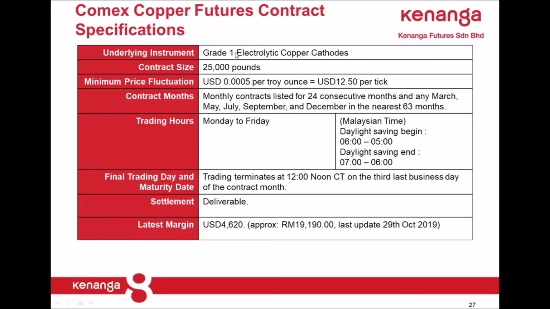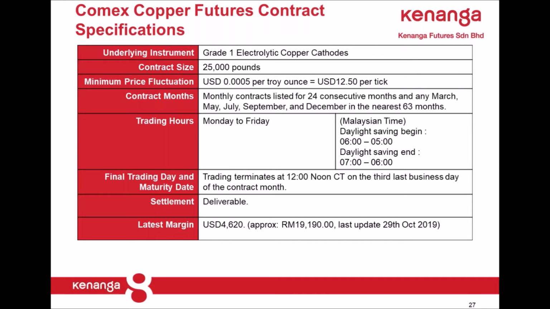This is the grade for electrical conduction. I will show you a picture of it later. And the contract size is 25,000 pounds. So the price quote currently for copper, let me check on the screen.